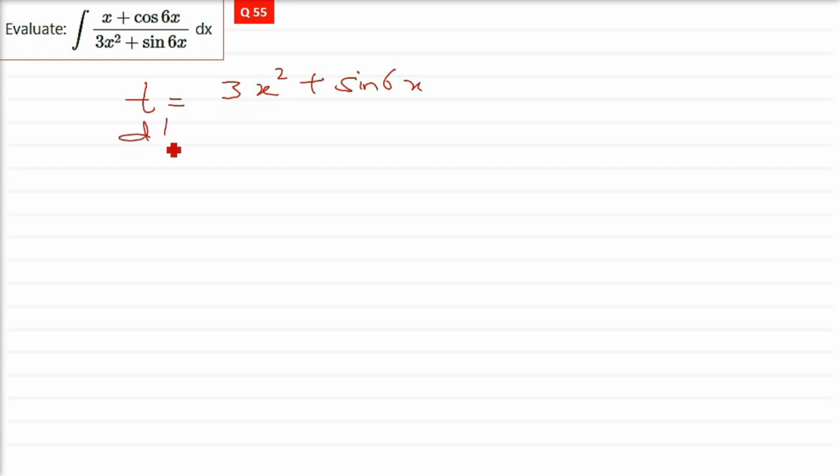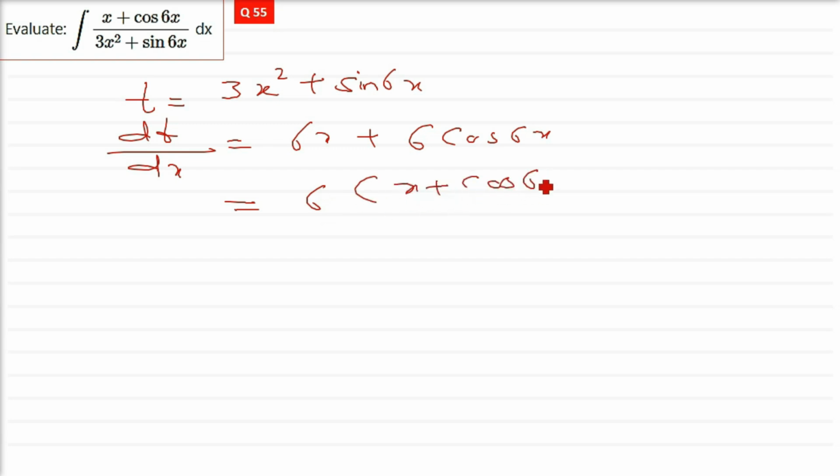Now let's differentiate it. dt by dx will be 3 into 2 into x, so we get 6x here. Then sine 6x gives cos 6x, and differentiation of 6x will be 6. So 6x plus 6 cos 6x, let's take 6 common. When you take 6 common, x plus cos 6x will come. What you see is actually the numerator which we wanted.